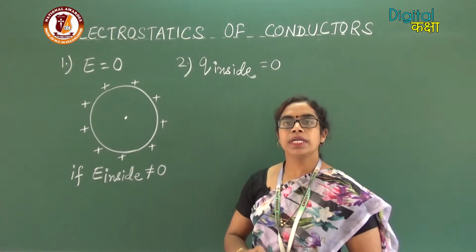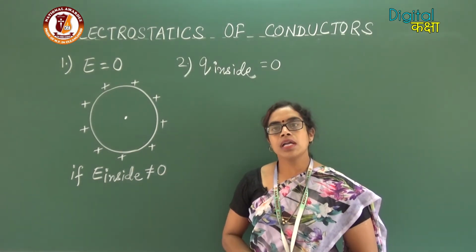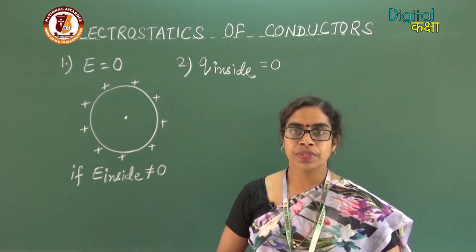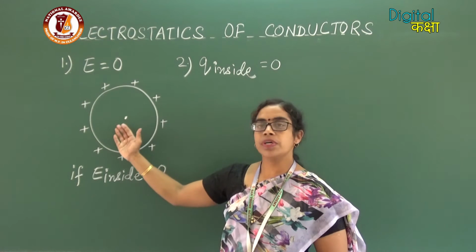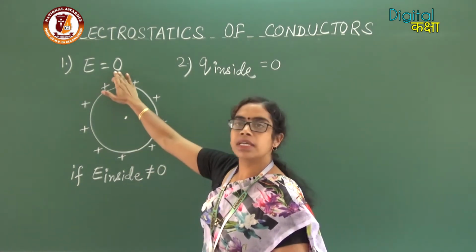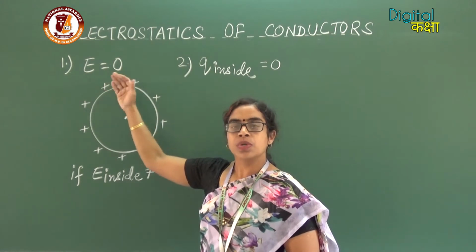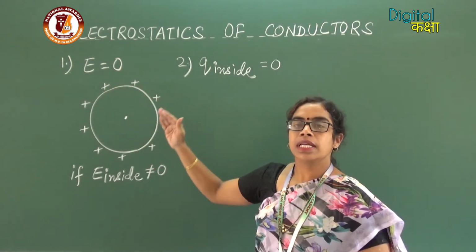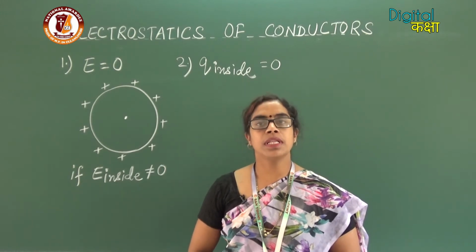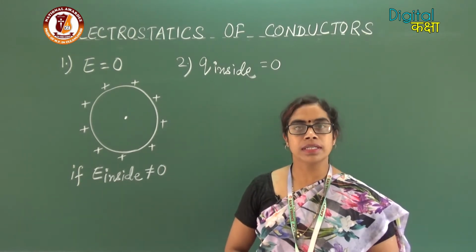The second property is that the charge inside the conductor is equal to 0. Since the electric field inside the conductor is 0, there cannot be any presence of charge inside the conductor.